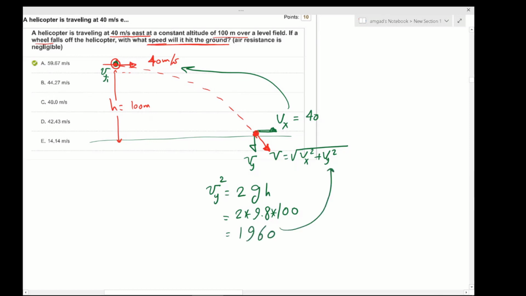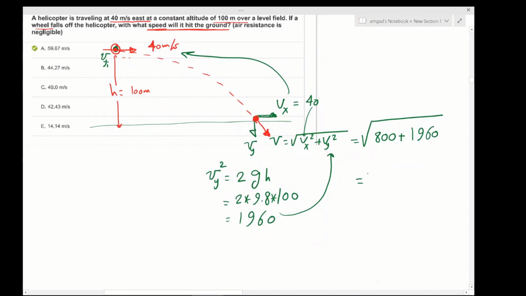So we will plug it here, and also the 40 we will square it. So the speed is the root of Vx squared, which is 800, plus Vy squared, which is 1960. So the result is what?